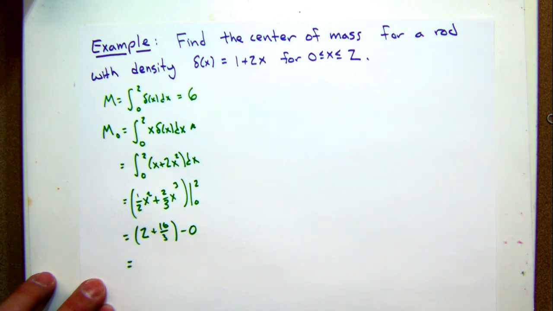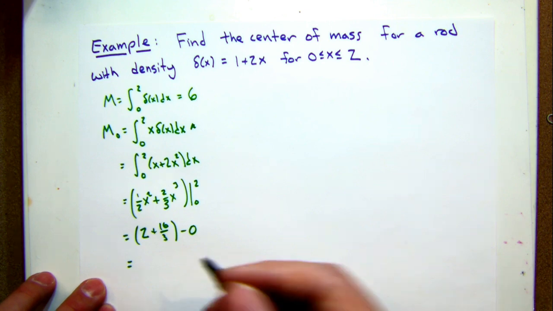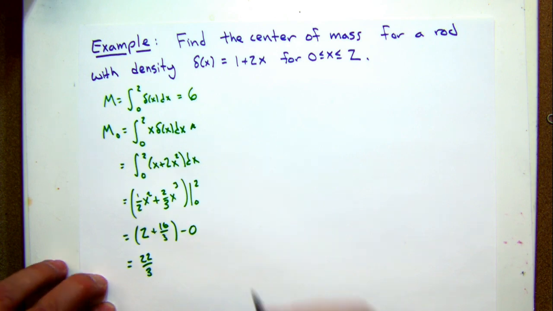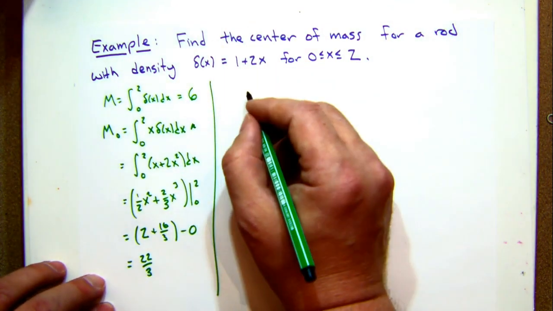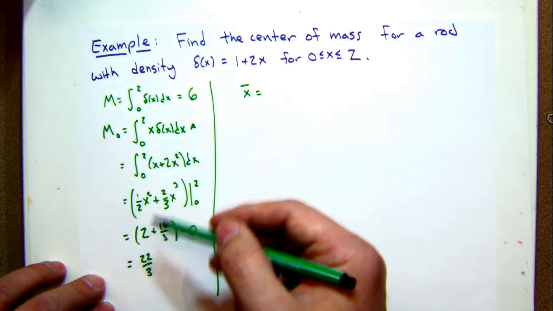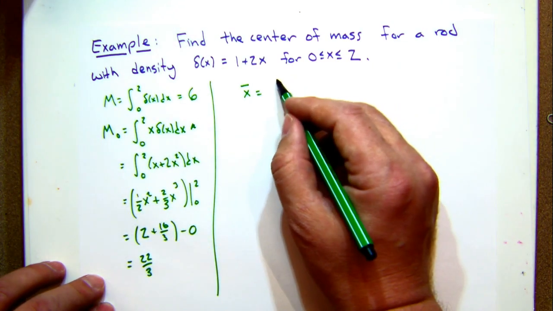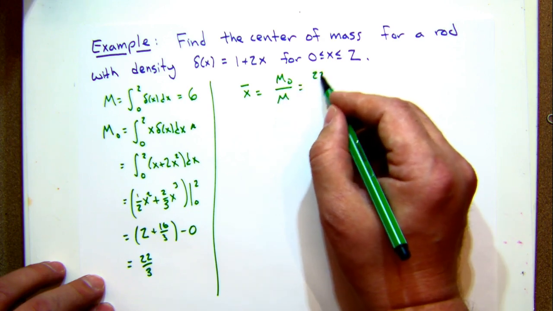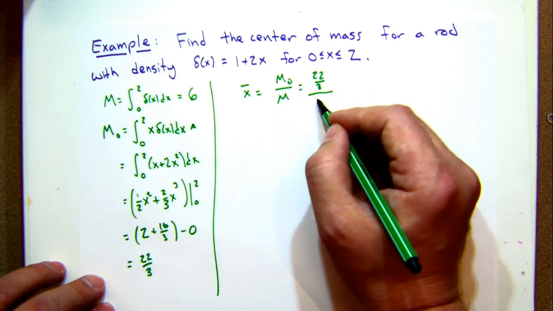Okay, 2 plus 16 over 3. Well, the 2 is 6/3. So 6/3 plus 16/3 is 22/3. Now, we take our average. Well, what do I mean? I take the 22/3 and I divide it by the 6.